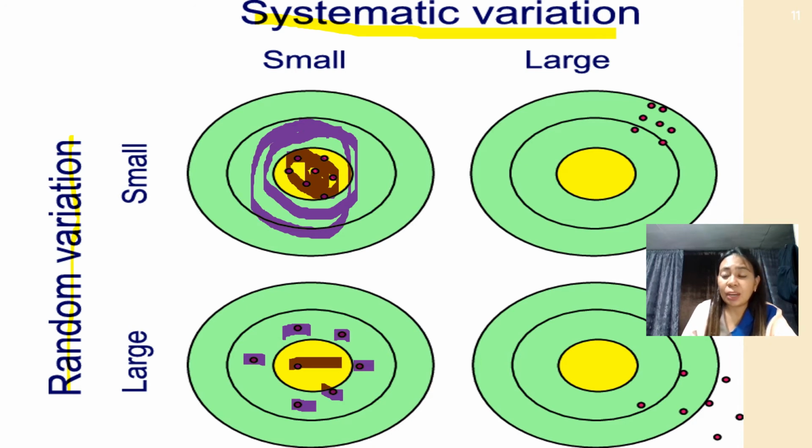Now if it is very precise but not accurate, we say that your systematic error is super large, but your random error is small. And if it is like this also, this is not the best measurement to see in your experiments, because your systematic error is large, and at the same time your random variation or random error is also large.